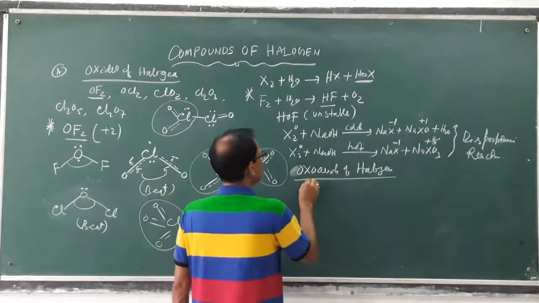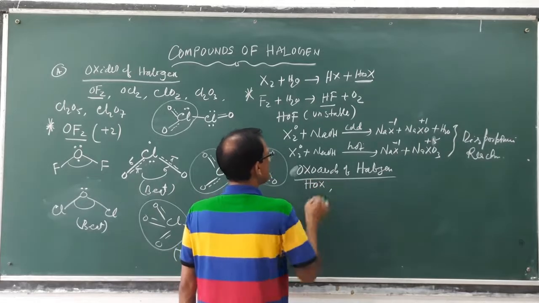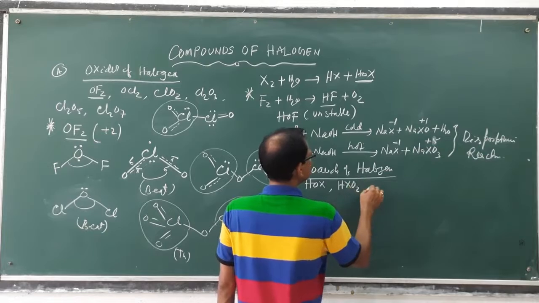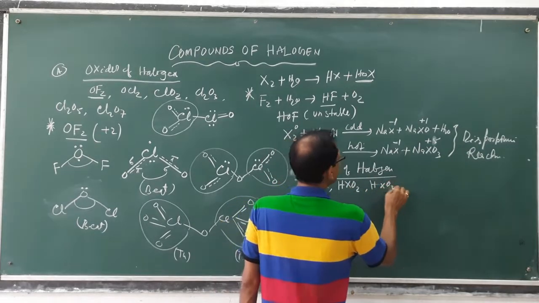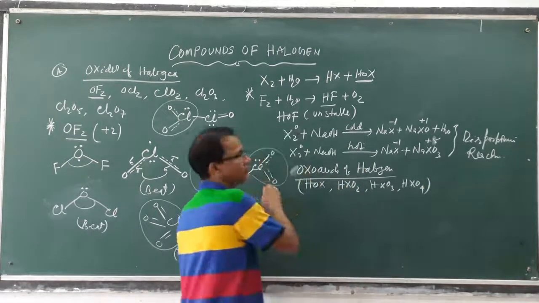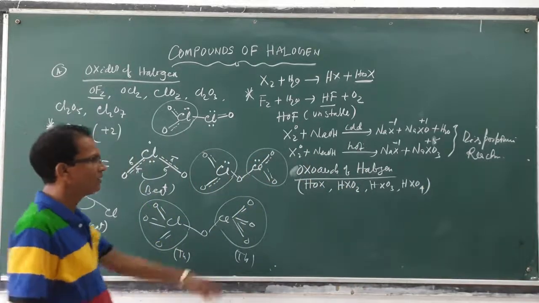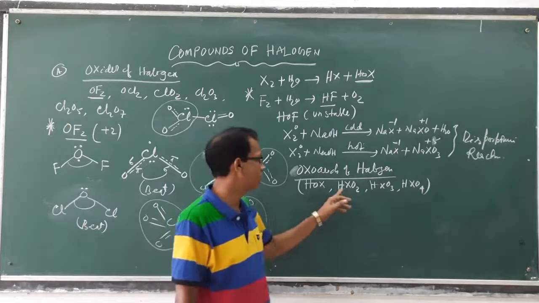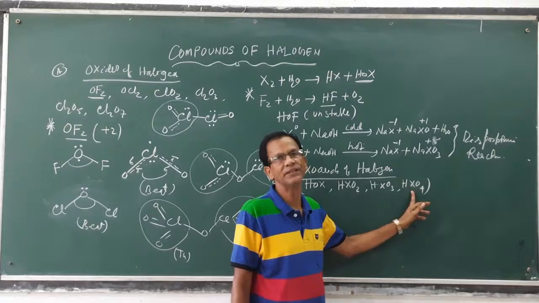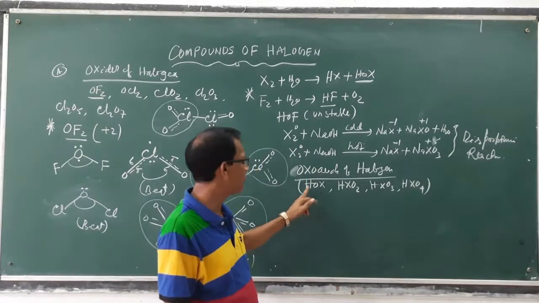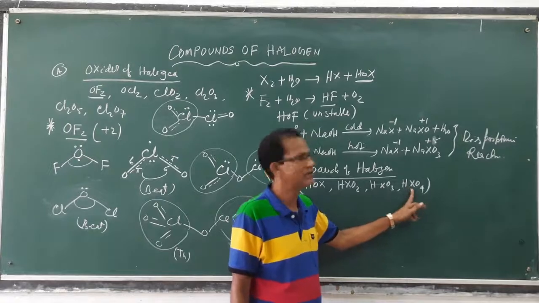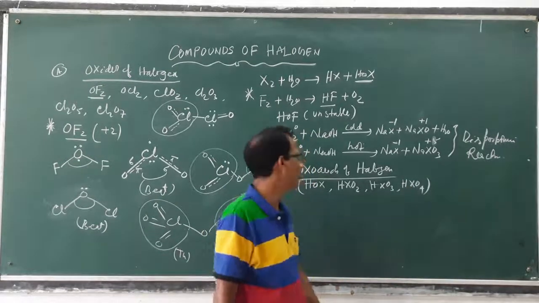Generally HOX, HXO2, HXO3, HXO4. These four types of oxoacids are produced. They are called hypohalous, halous, halic and perhalic acids. These are the names of the oxoacids.